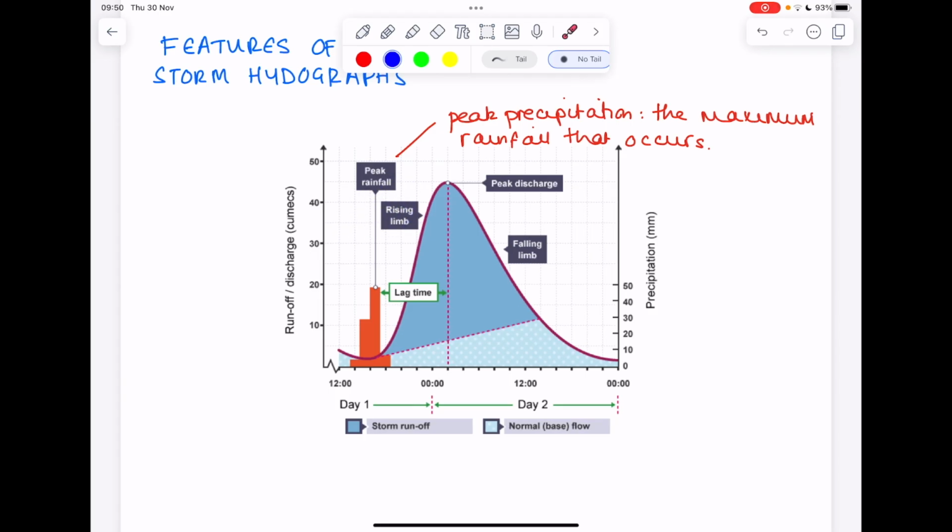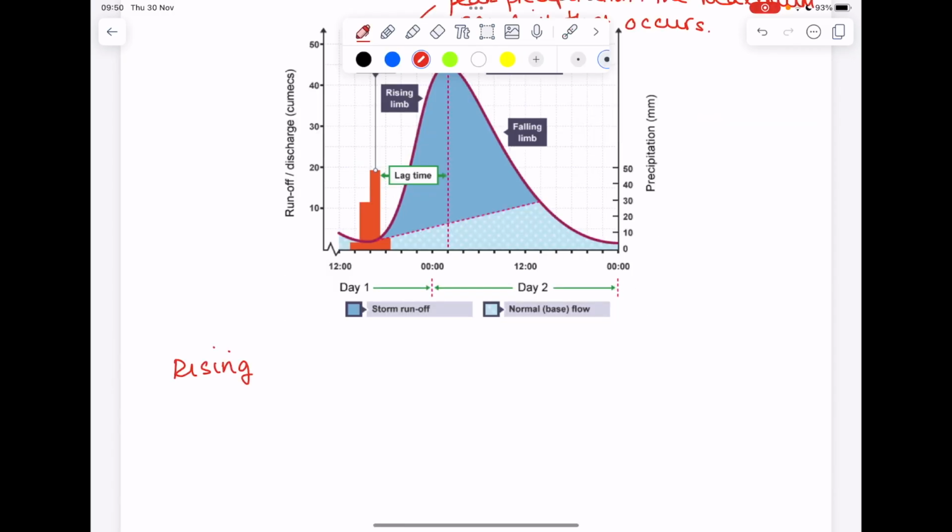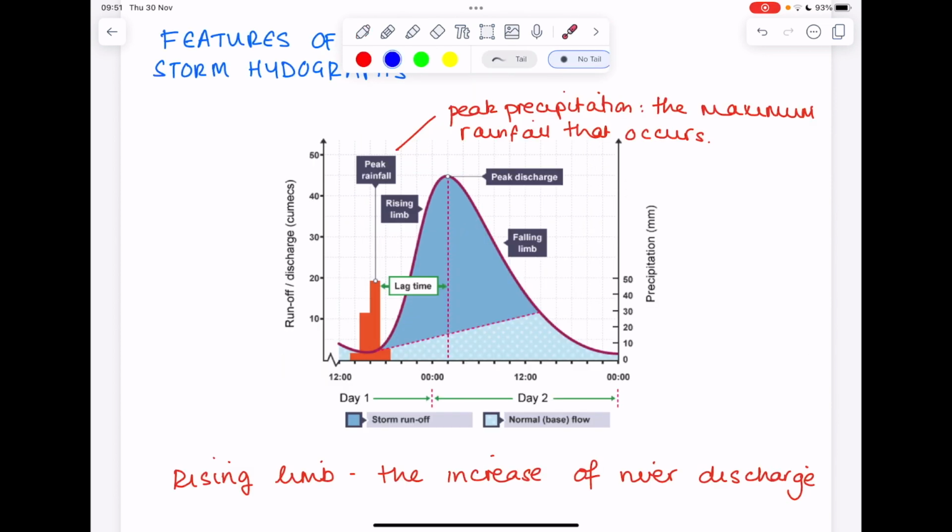It doesn't necessarily have to occur straight after precipitation. Then you have the peak discharge here, which is the maximum discharge. Remember, you will see that delay because it does take time for the water to find its way to the river.